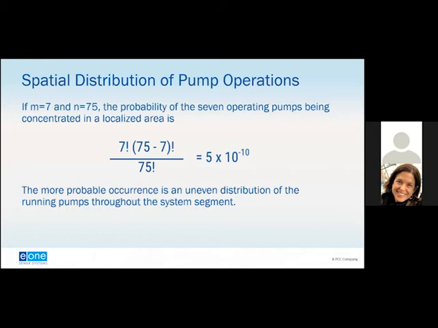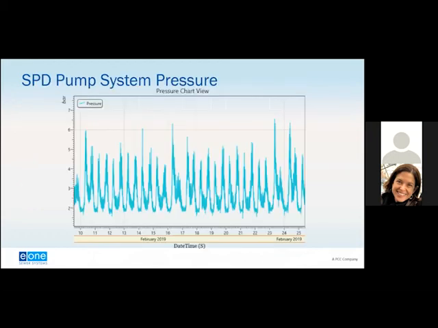Those 7 pumps will be spread out throughout that entire 75-residence sub-basin. So you're not going to have a consolidation of flow, and you're going to have a very wide distribution of the flow.